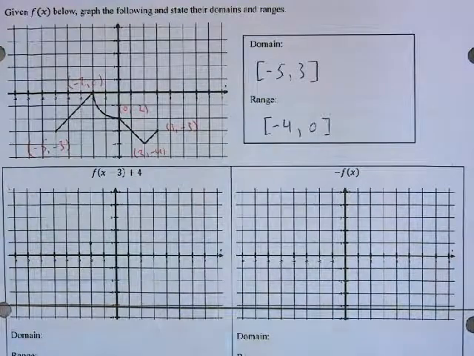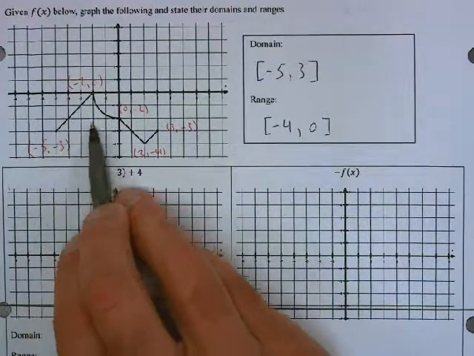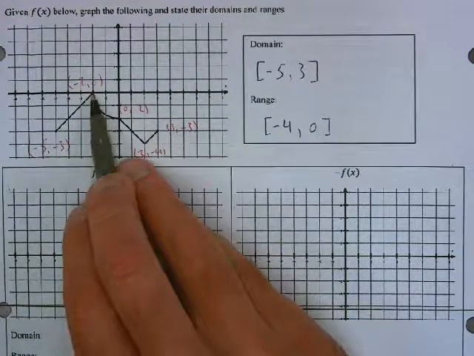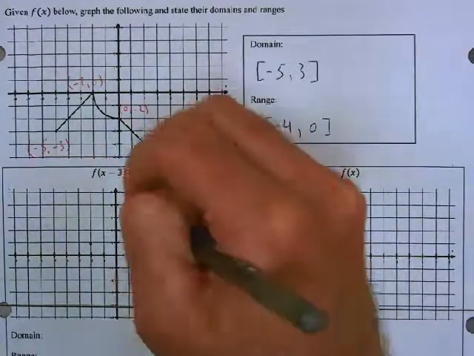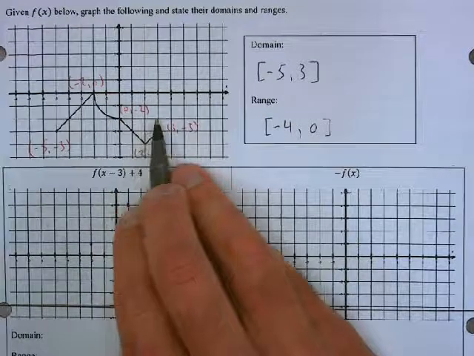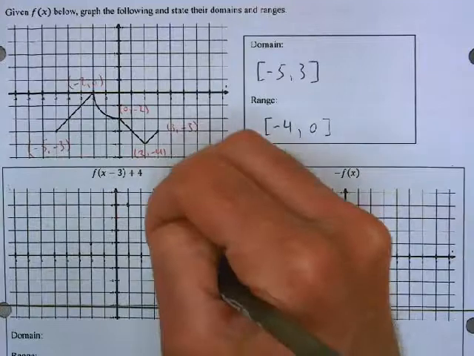Another thing you can do is just count it out: right 3, up 4, and then put the point down here. Right 3, up 4 is going to put us at 1, comma 4. Right 3, up 4 is going to put us at 3, comma 2.